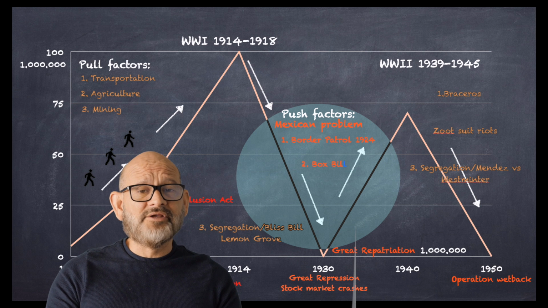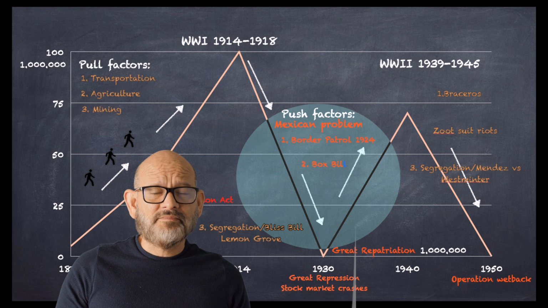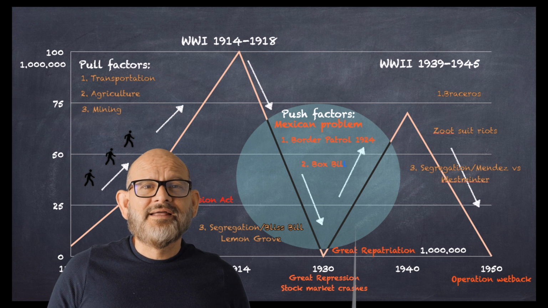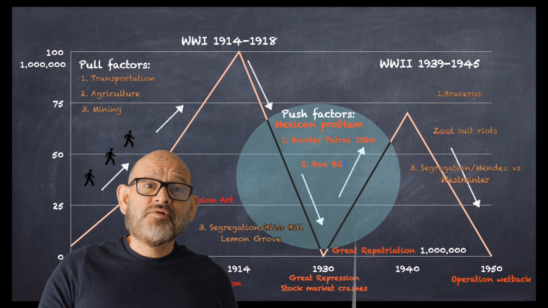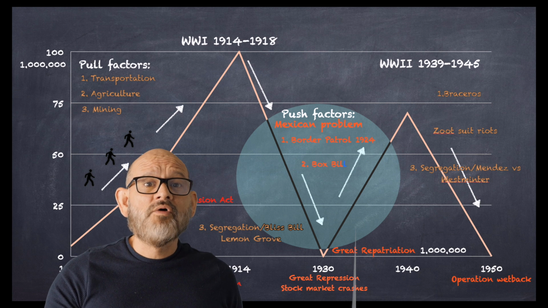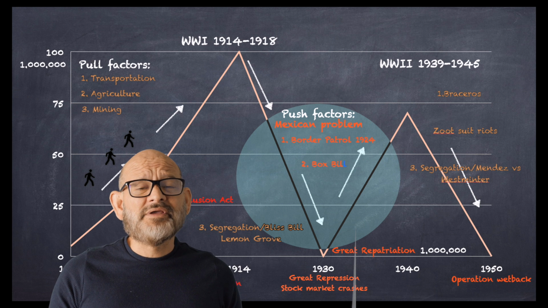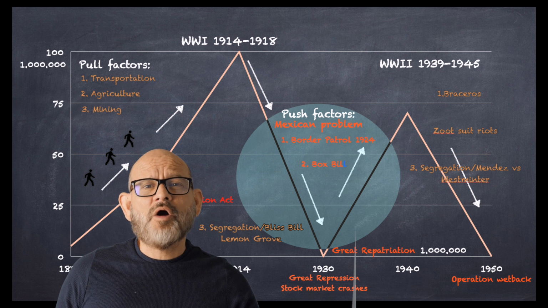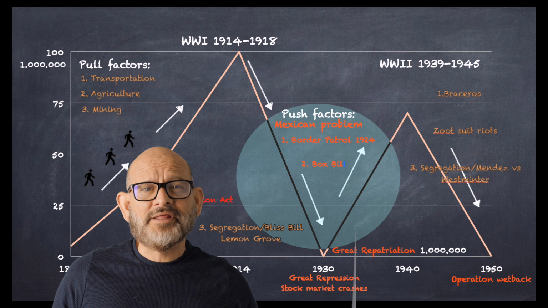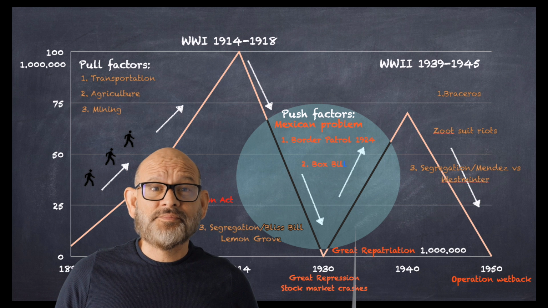But because this class deals with Mexican Americans, it's really important to understand that at that time, the US is already in Mexico, and not only Mexico, throughout Latin America. And this is the beginning of the US expanding and enforcing the old doctrine that goes by the name of the Monroe Doctrine.